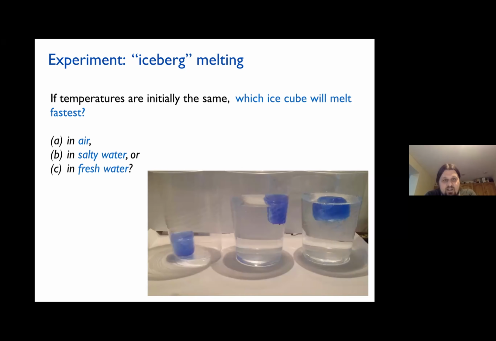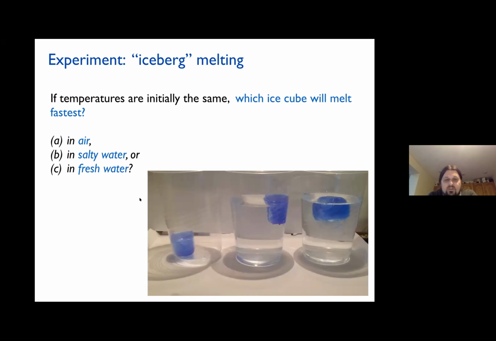We're going to set up an experiment where I'll show you a time-lapse video where we've got various different icebergs, which are actually just ice cubes that I've formed by mixing some blue food coloring with water and putting this into the freezer. The blue food coloring is there to make them easy to visualize, and also you can see where the water goes.